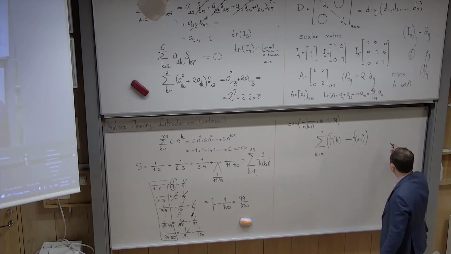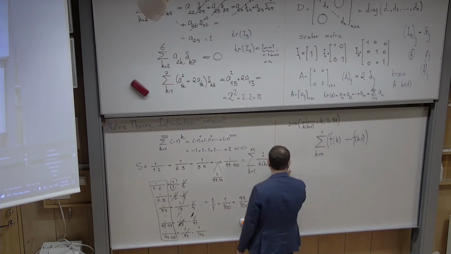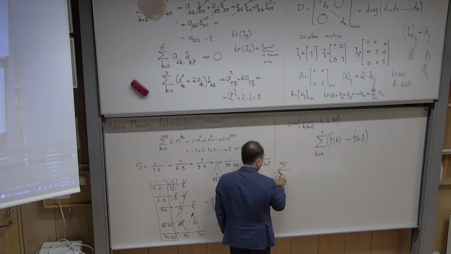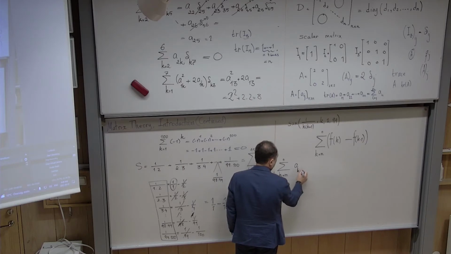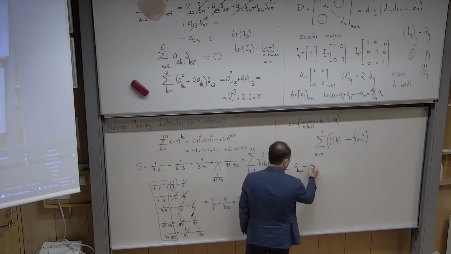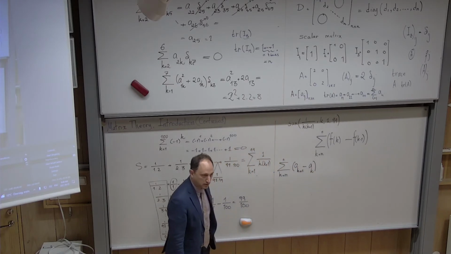This is also a telescopic sum, you know. I write a sigma, k goes from m to n. I can write some a, for example, in matrix theory, a sub k plus 1 minus a sub k. That's also a telescopic sum.